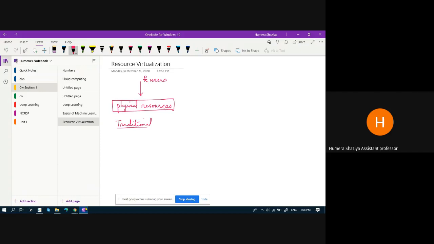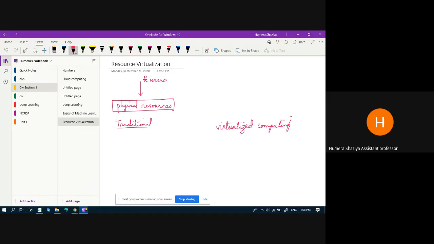So what we can do, we can go for virtualization in cloud environment. In cloud we use virtualization, but before looking into cloud, let us look at the virtualized computing environment.